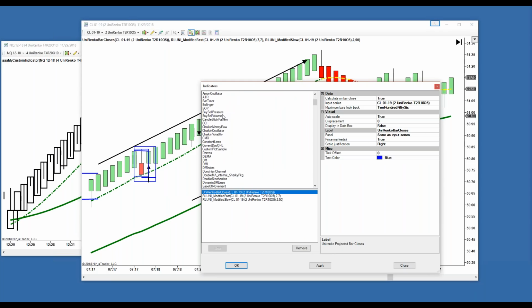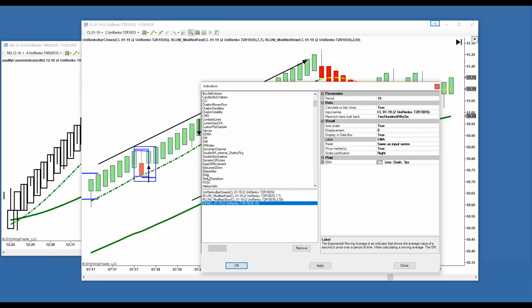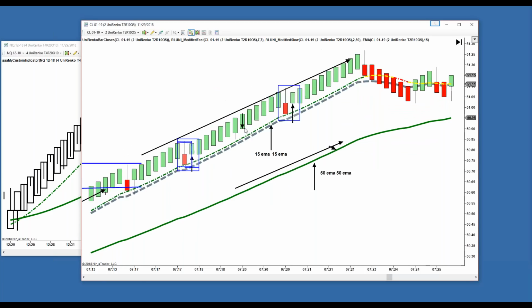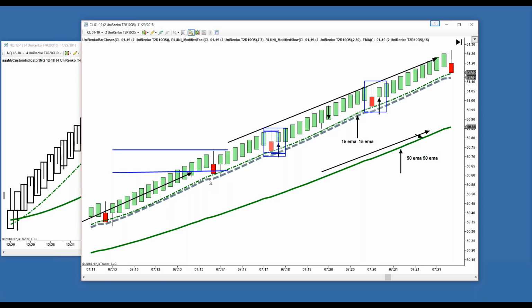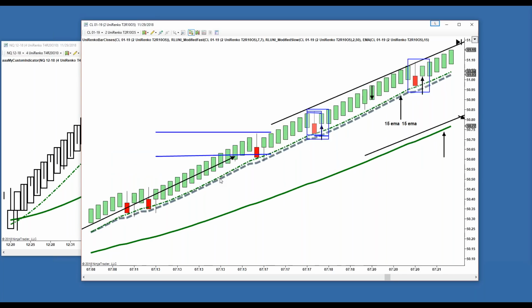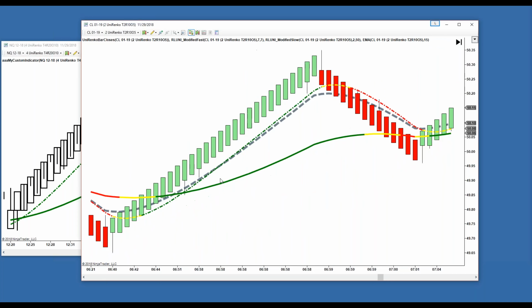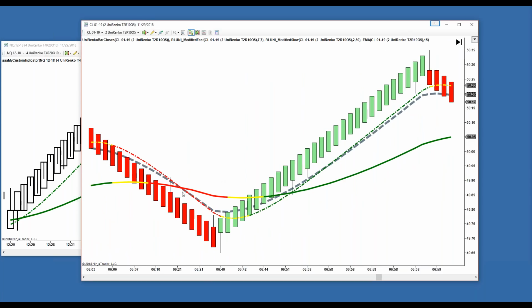Now I always used to laugh at people who traded with EMAs until I started looking at Unirenko. Now there's the EMA, and you'll notice how every time there's a down candle, you see how it gets pushed down. It gets pushed around a lot by small movements in price.